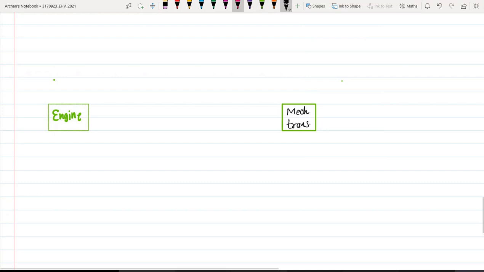Right? So we do have some wheels connected to this transmission, like this. And what are our desired characteristics?